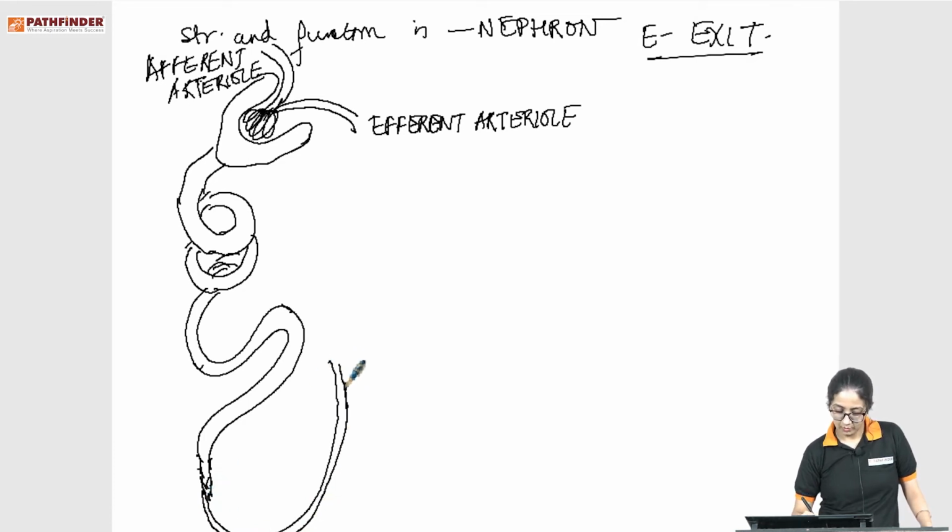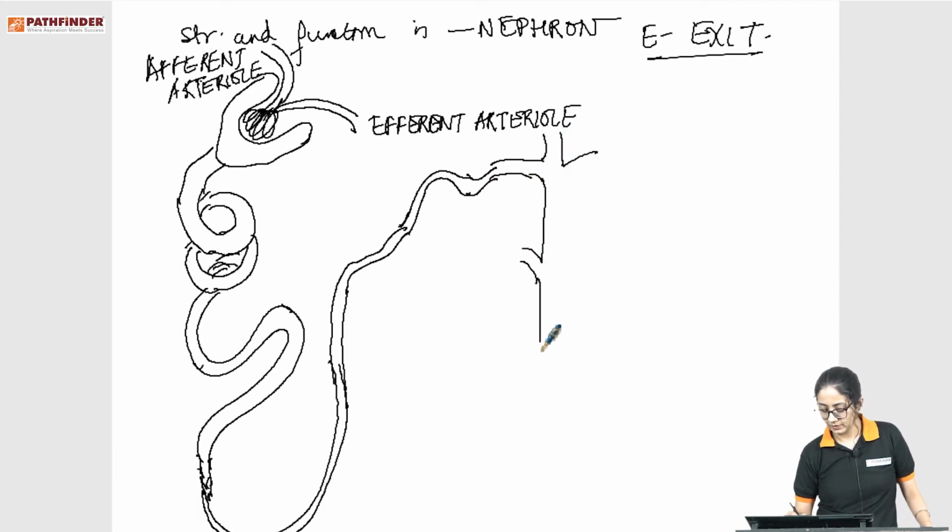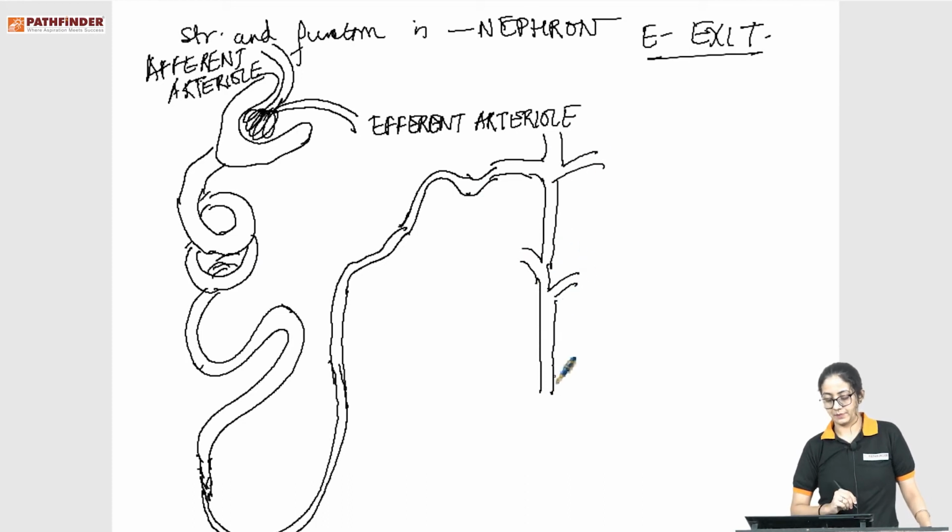Again there will be a little bit of convolutions, like twists and turns, but the convolutions in this part are not as much as in the proximal part. And then ultimately it will enter the broader tube, that is the collecting tubule. Here it is.